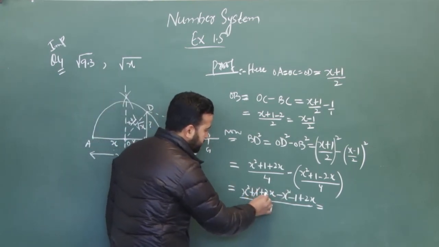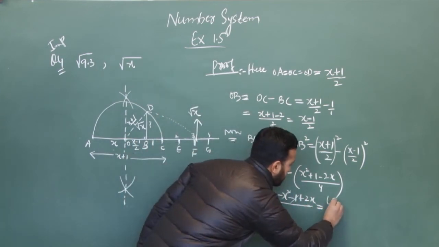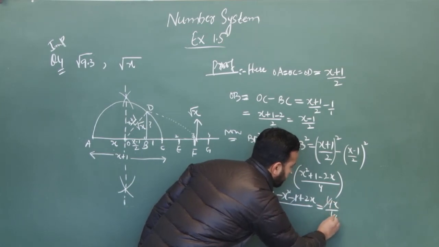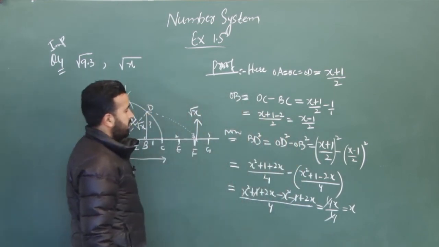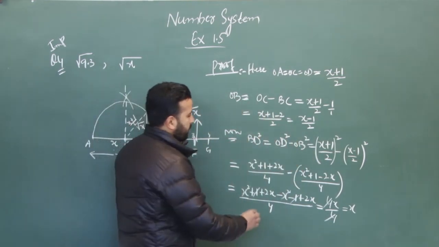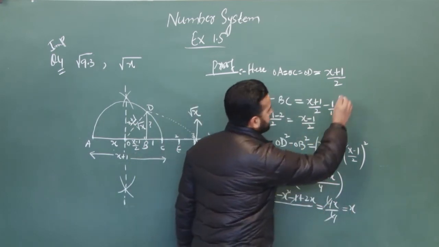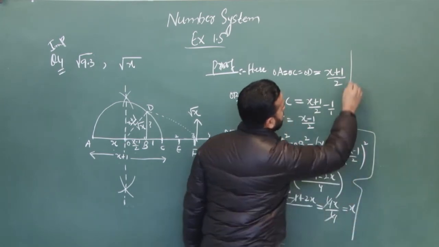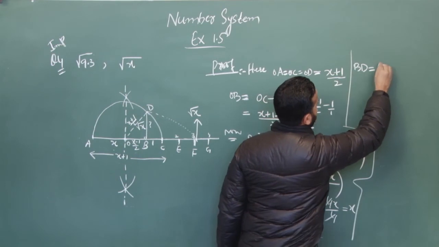Similarly, we have 1, it is plus and minus. 2x plus 2x, this will be equal to 4x whole divided by 4. 4 and 4, we can cancel, and this will be equal to x. In short, BD square will be equal to x, so we can write BD equal to under root of x.